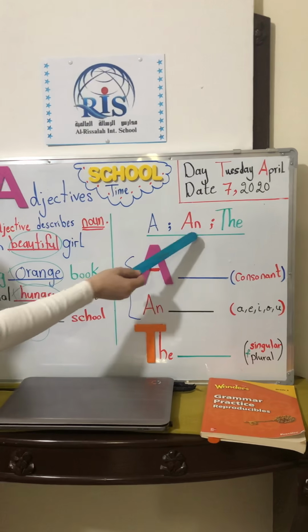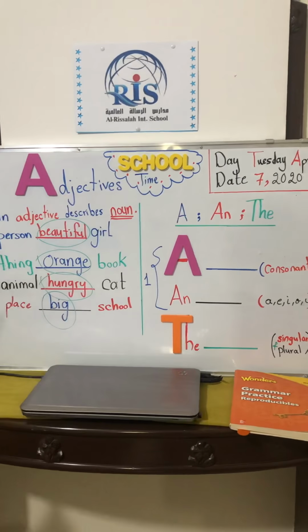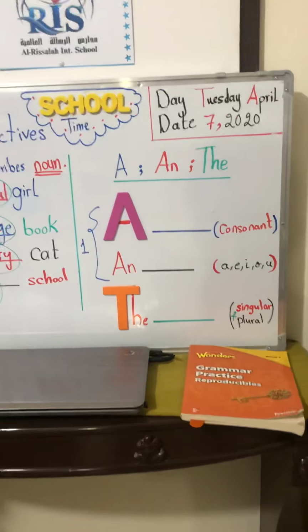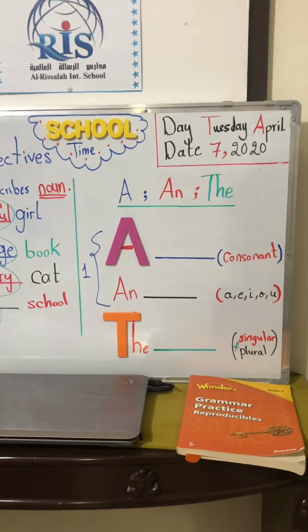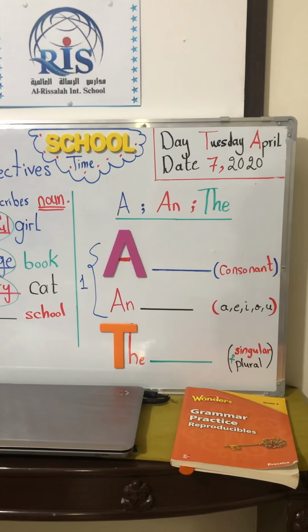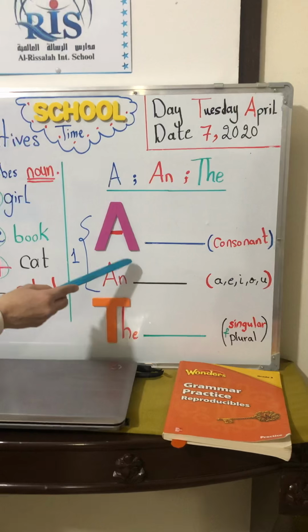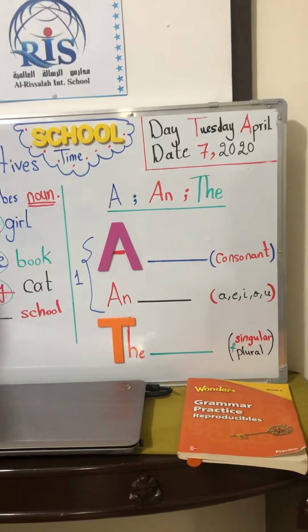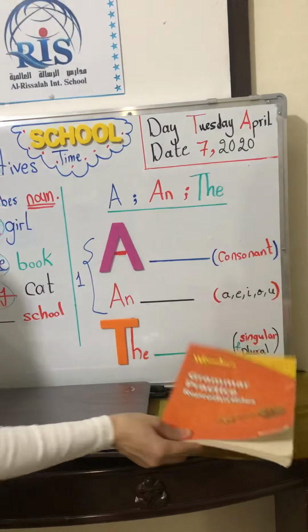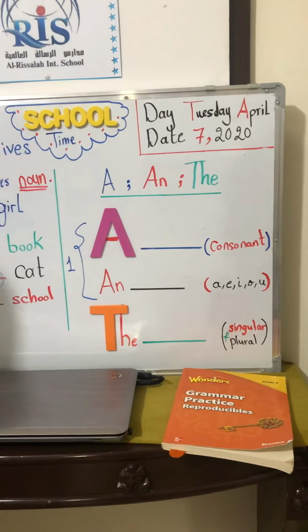We use a or an to show that someone or something is one of a group. One, number one, yes? If I say a book, it means that I have only one book, okay?